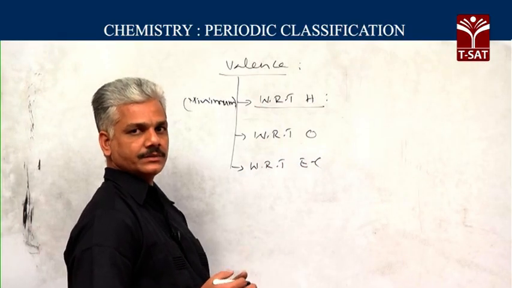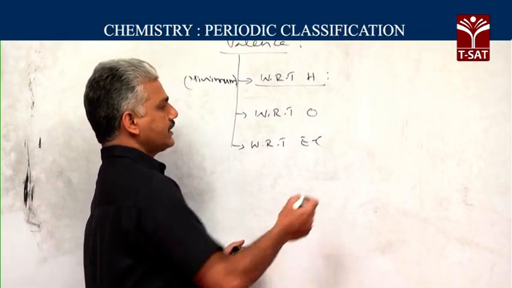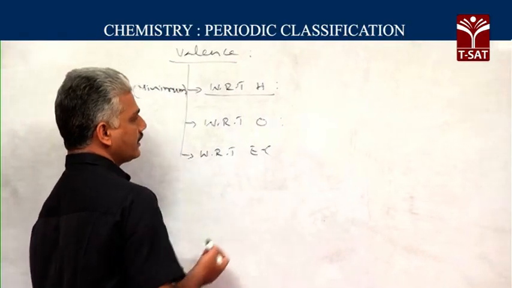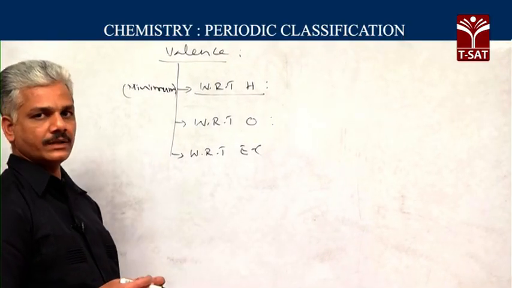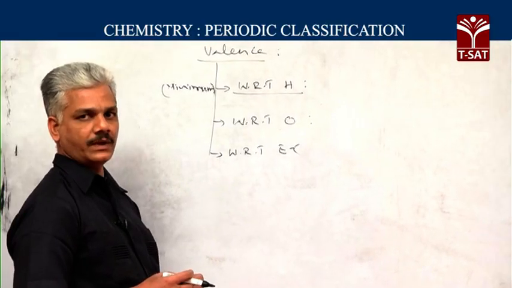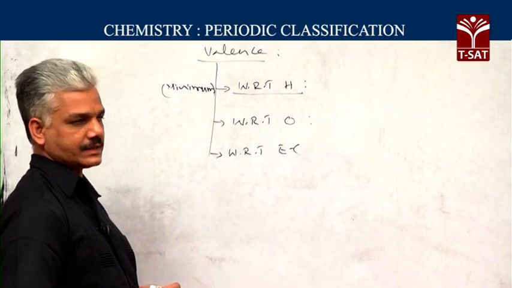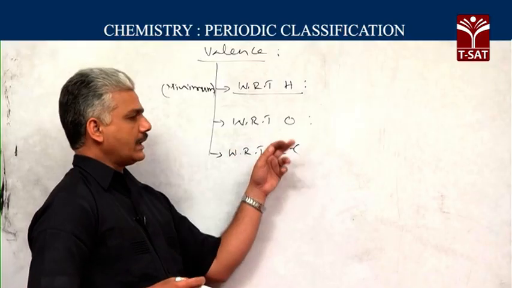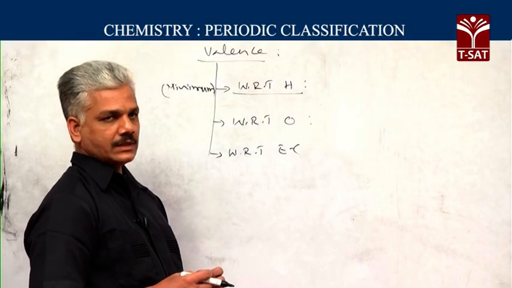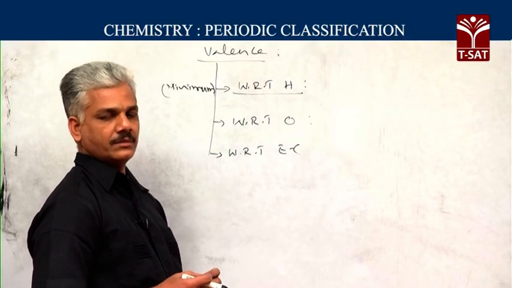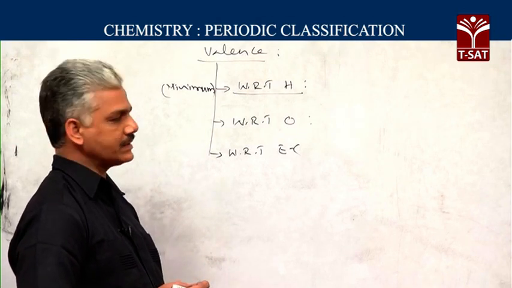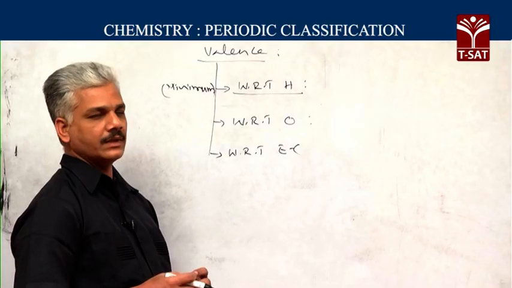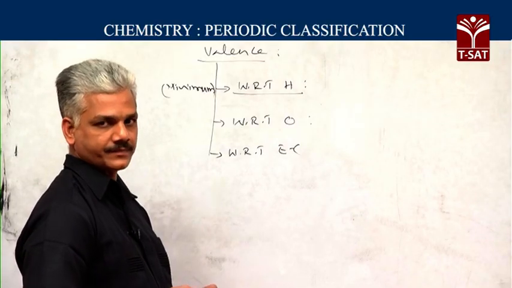Valency with respect to oxygen. It is defined as double the number of oxygen atoms with which one atom of an element combines to form a stable oxide.